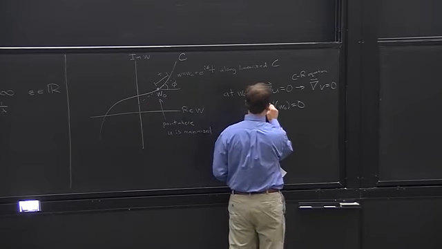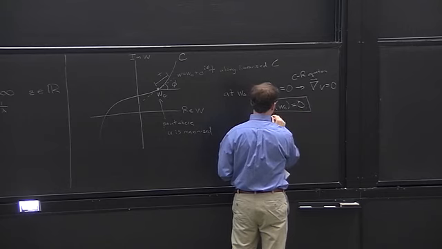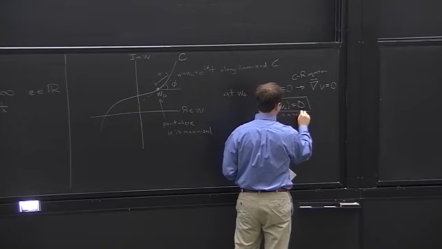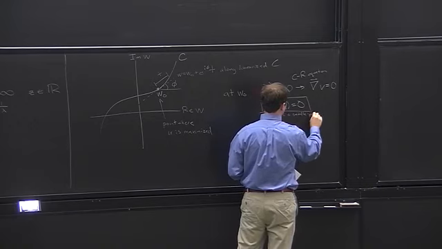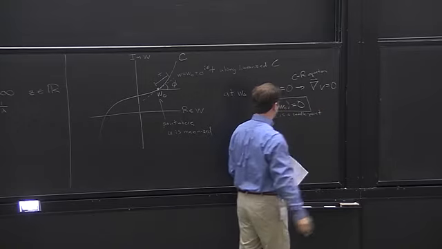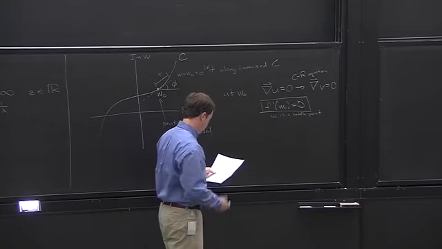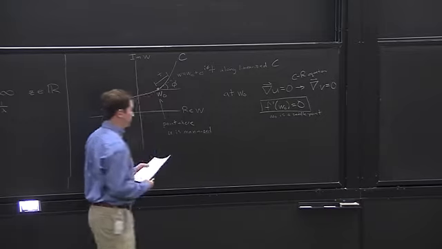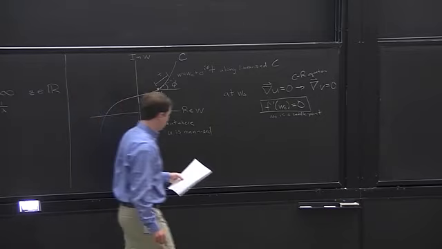So this means that W naught is a saddle point. That's where the name of this approximation comes from.